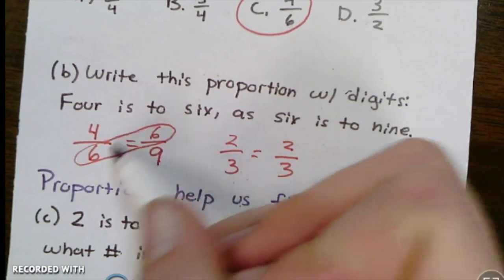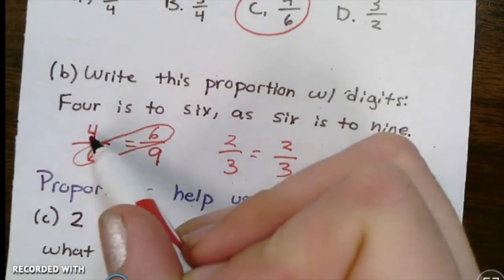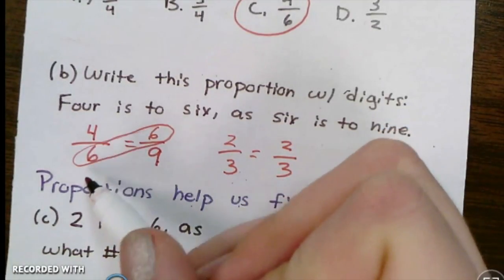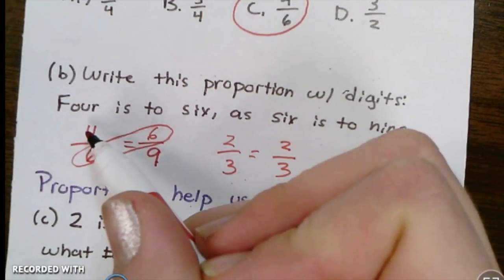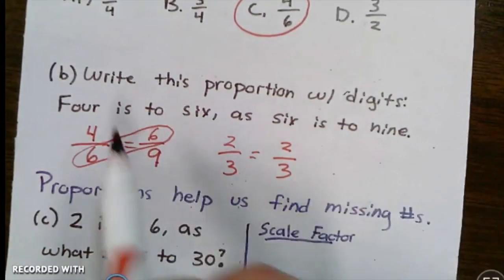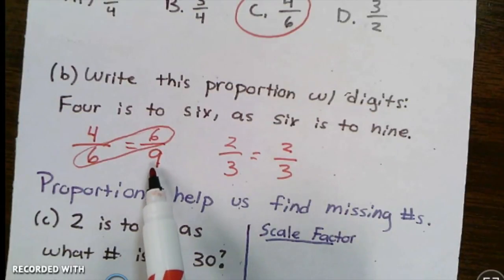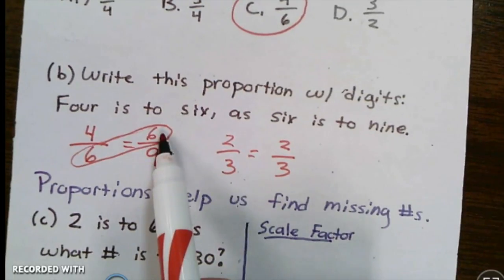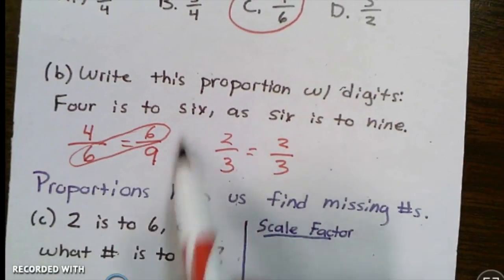And then if I divide 36 by 9, what do I get? 4. So that works, right? If I divide 36 by 4, what do I get? 9. See, it works. What about if I went the other way? If I did 4 times 9, I would get 36. Divided by 6, I would get 6. So I know that this is a proportion.